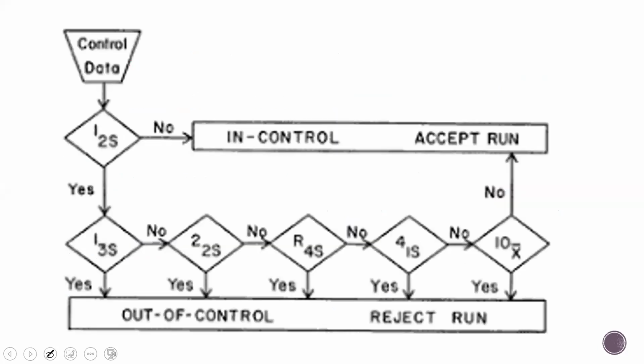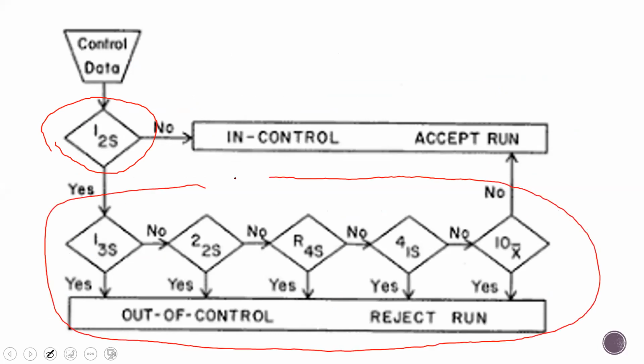So, ayan. Ito yung diagram kung i-accept natin or hindi. The only thing actually that you will accept or which will serve as a warning from Westgard rule is 1-2S. Wala nang iba. The rest, kung meron kayong nakita, you have to reject it because it's already out of control.